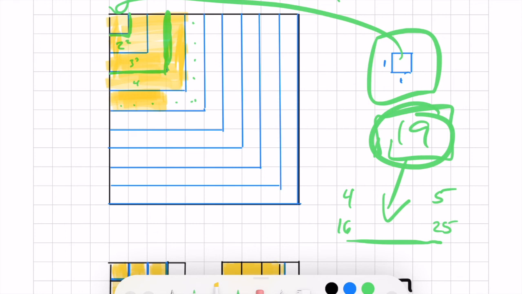But it shows that it's somewhere between 4 and 5, right? So what would that actually look like if I did the actual square? So let's get rid of this. And the actual square would fit somewhere like this in between. That's what the square would look like. So it shows that there's going to be a decimal.